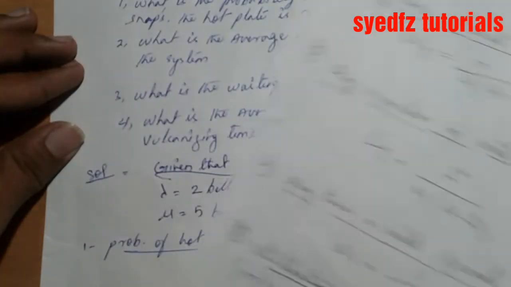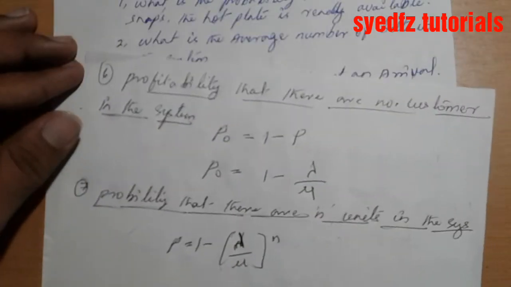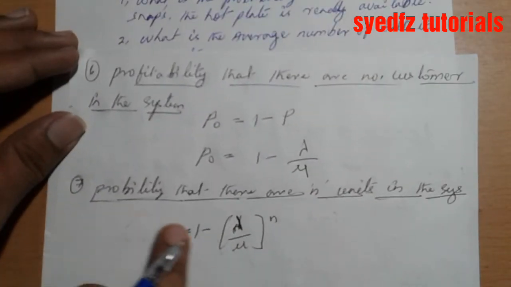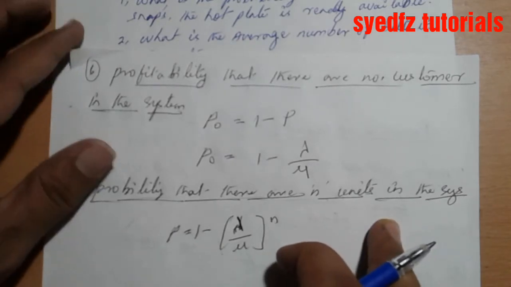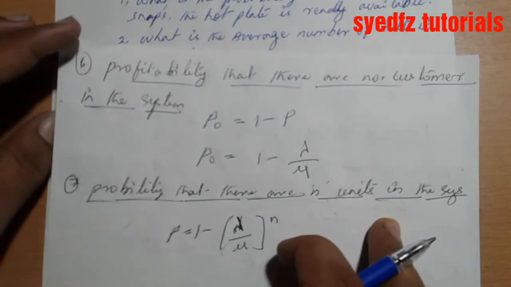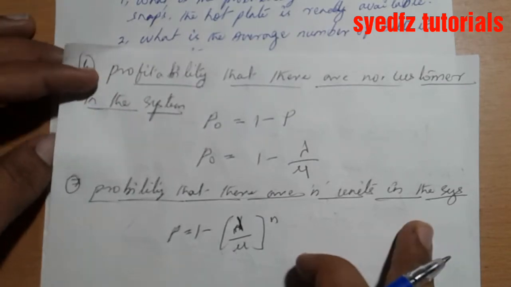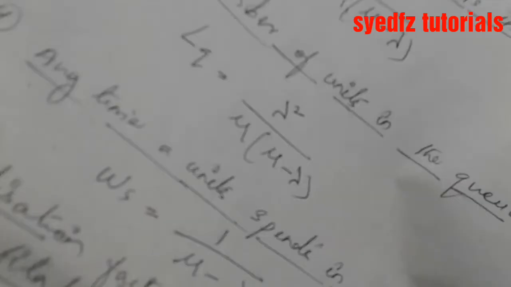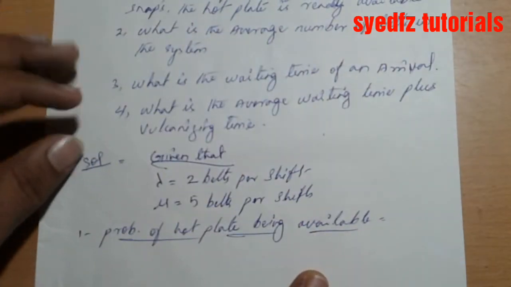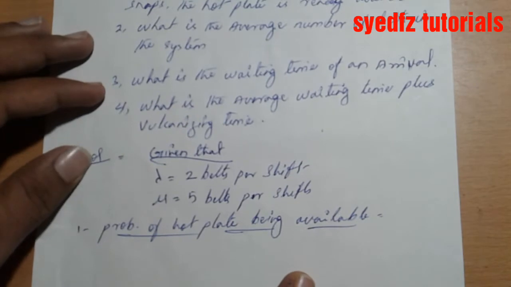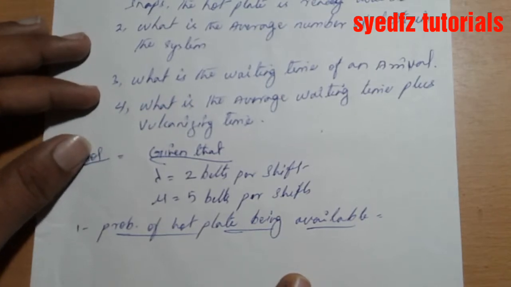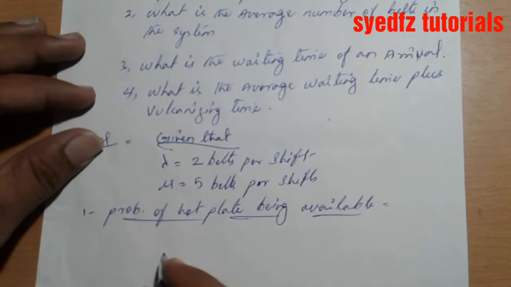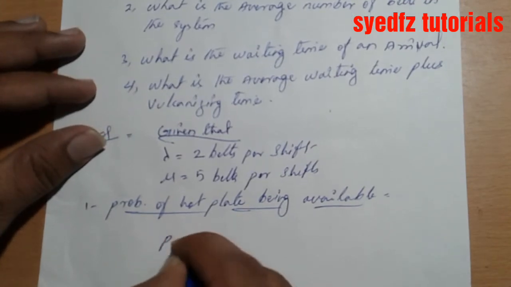So what do we take in the probability formula? The probability that there are n units in the system, because we want the probability that when a belt snaps the hot plate is ready. We calculate P of 0.